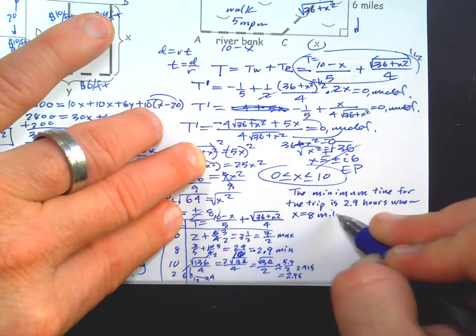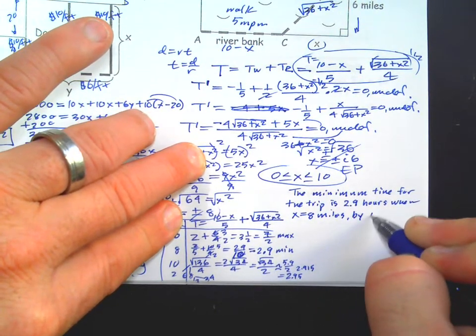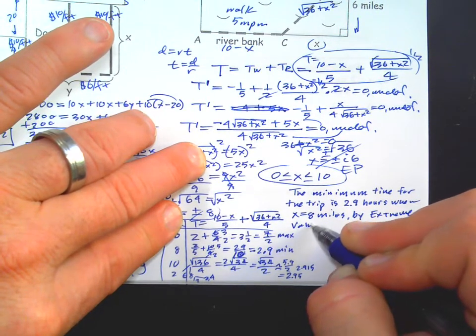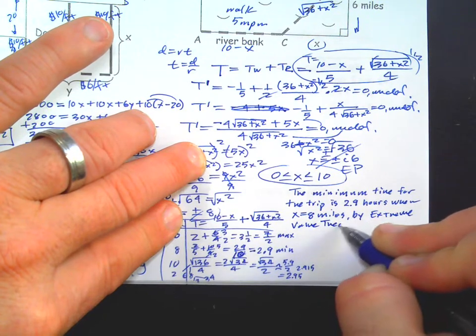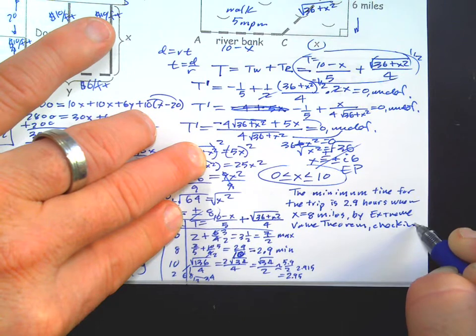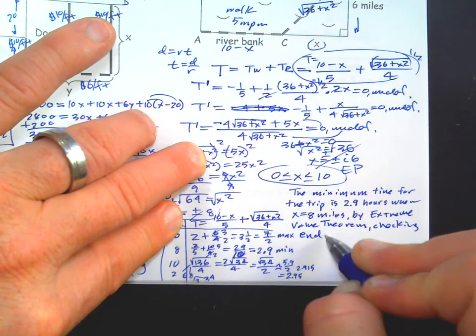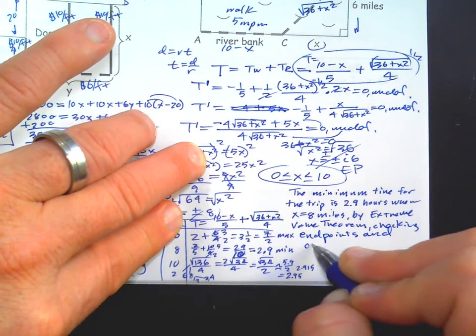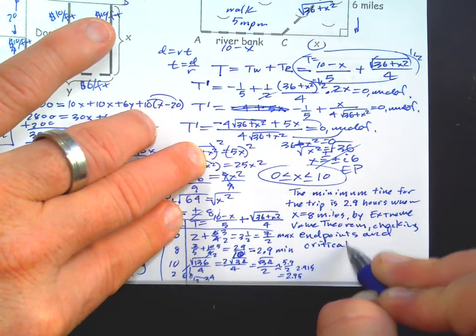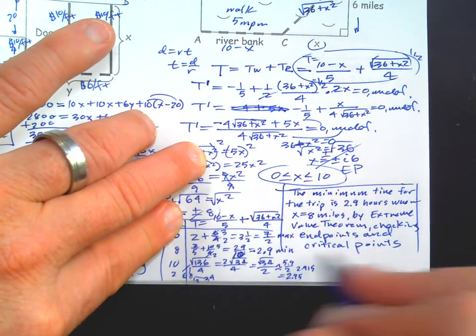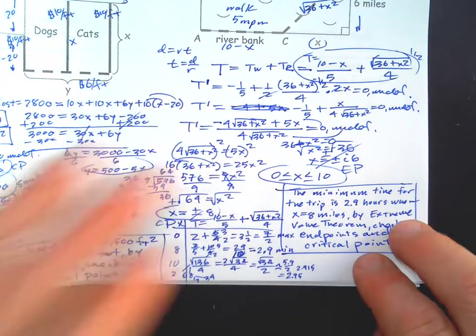I need units by extreme value theorem, checking endpoints and critical points. So there you go. All right, moving on.